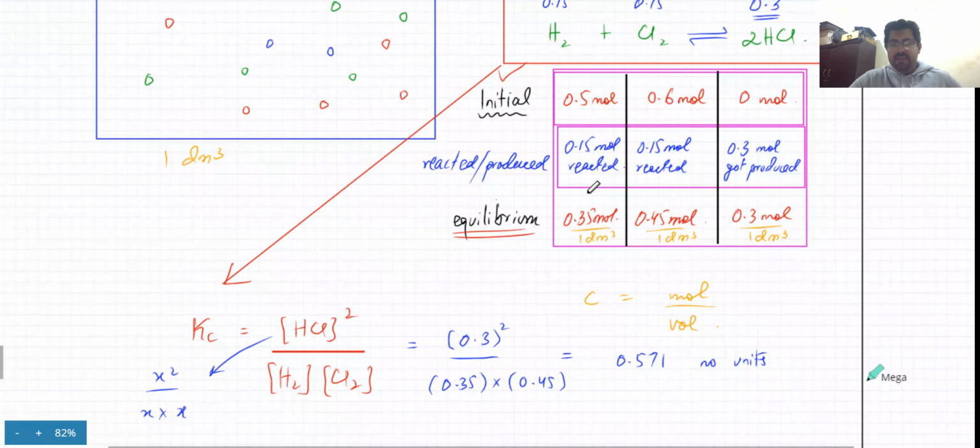So as a habit, you should not put moles into the expression. You should put concentration in the expression. But under certain situations, you can actually just input moles, because let's assume that I did not know what the container volume was. There's no possible way of finding the concentration if I don't know the volume.